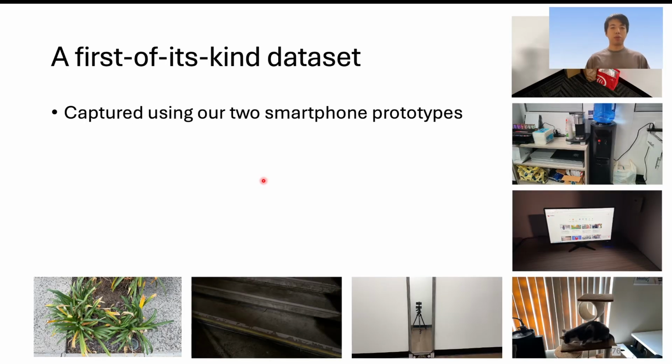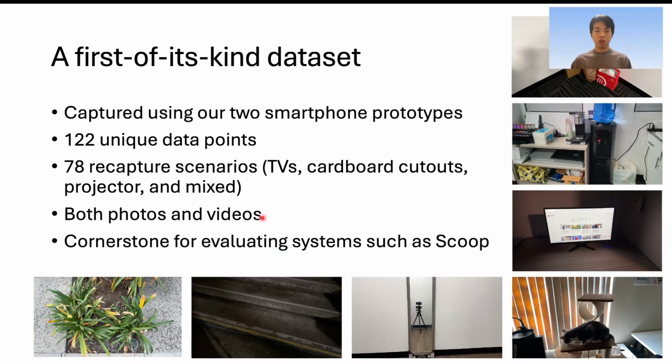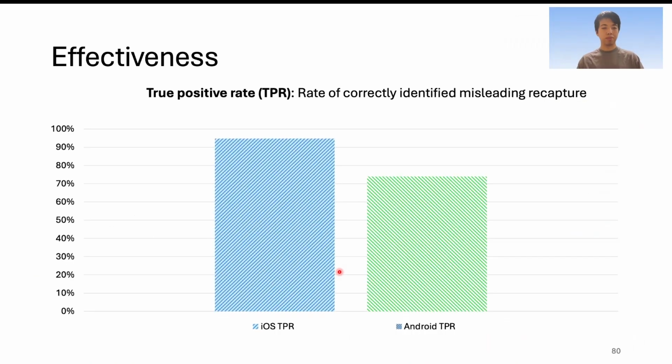That's why we also captured a first-of-its-kind dataset using our 2 smartphone prototypes, where we captured a total of 122 unique data points, including 78 recapture scenarios, where we make use of TVs, cardboard cutouts, projectors, or mixed scenarios. And we have captured both photos and videos. We believe that this dataset is setting up a cornerstone for evaluating systems such as Scoop.